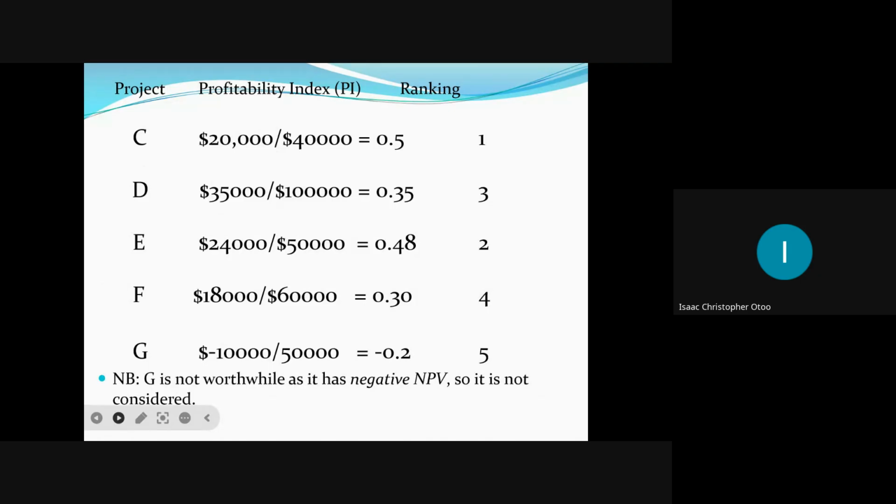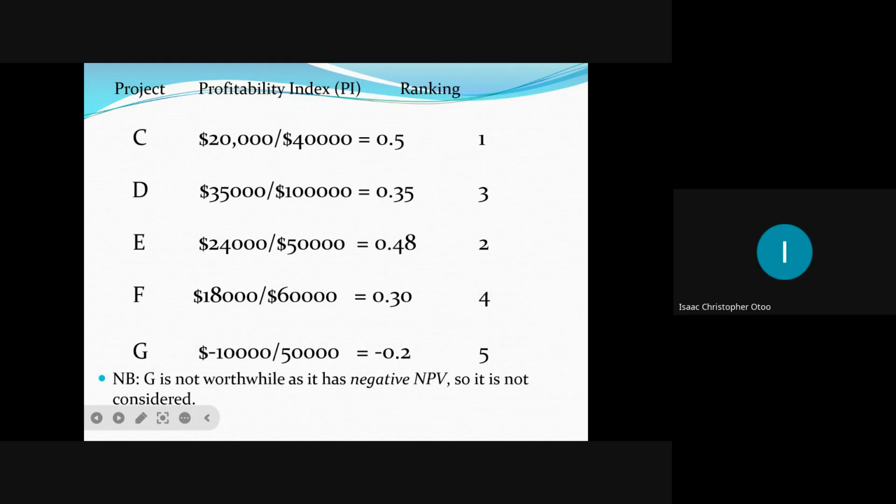But let's look at the profit that is generated, 20,000. But we saw that D is 35,000. So just by looking at it, I would have chosen D, which was the 35,000. But even that one has become third. They said, look, G is not worthwhile as it has negative NPV, so it is not considered at all.